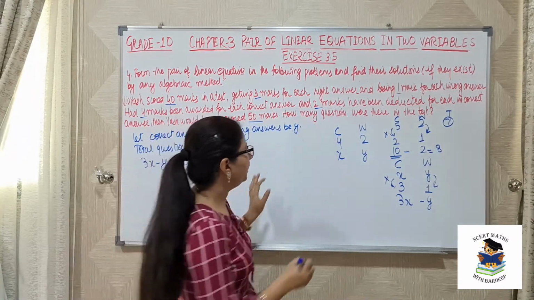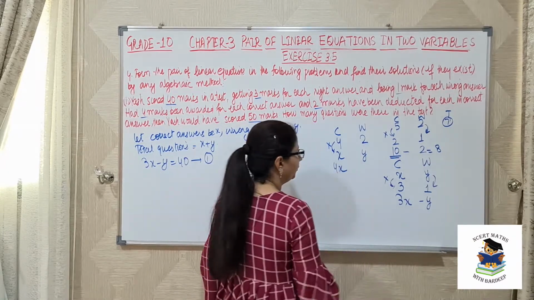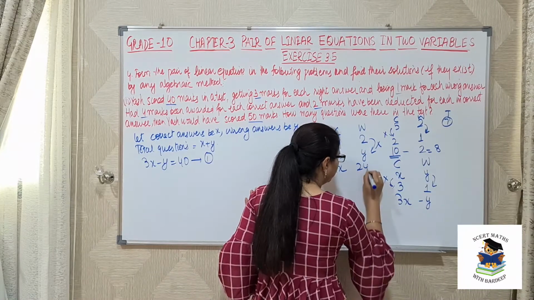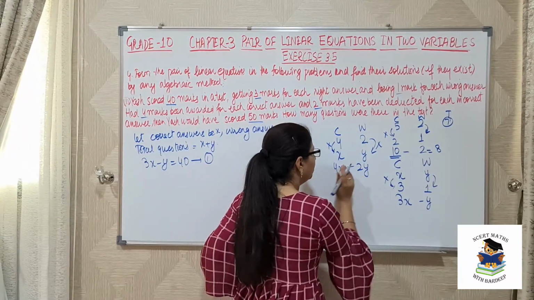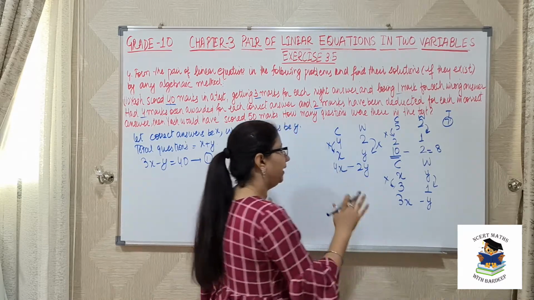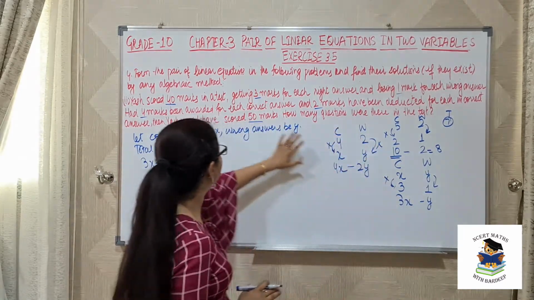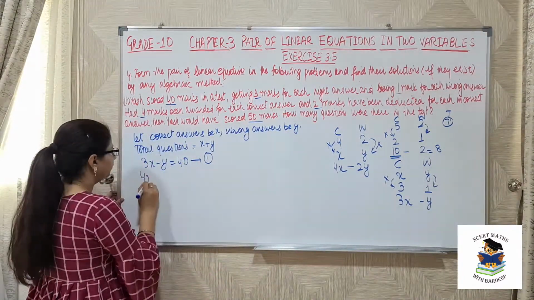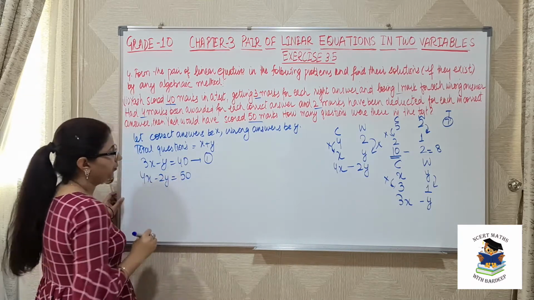So how many marks will he get for the correct answers? That is 4x. And how many marks will be subtracted? That will be 2y. So 4x minus 2y is the total marks under this scenario, and the total will be 50. So the second equation is 4x minus 2y equals 50.